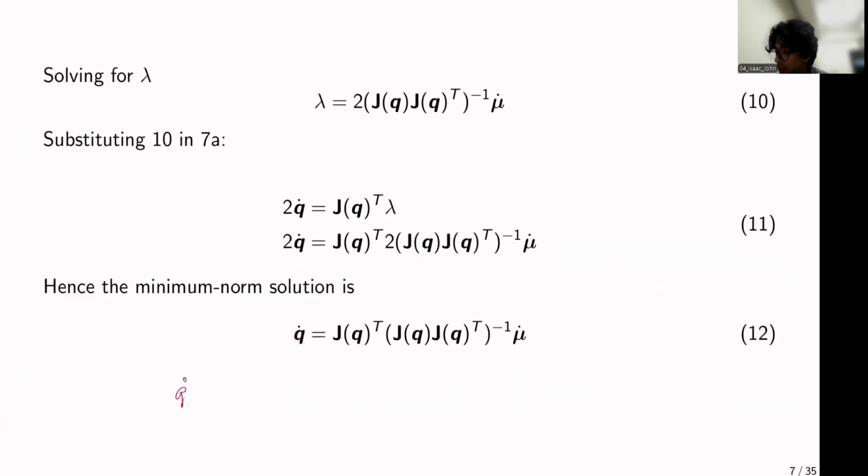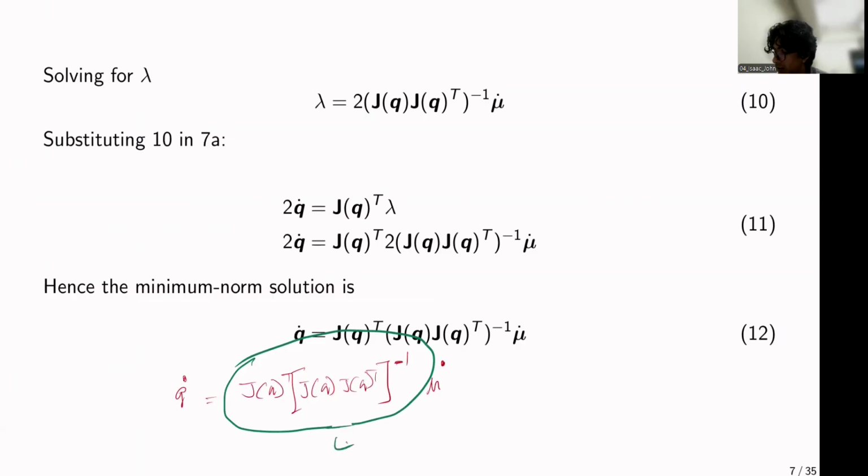Your q dot would be j of q transpose, j of q j of q transpose, this entire thing inverse, mu dot. This entire term over here, we call a right pseudo inverse. Earlier it was a left pseudo inverse. Now we call this a right pseudo inverse.